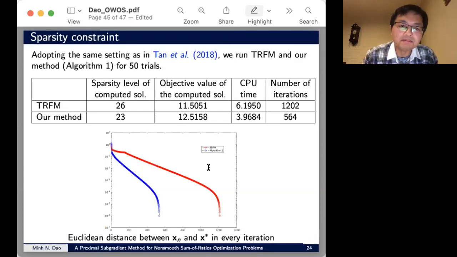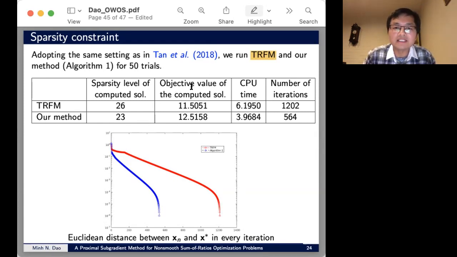So in our simulation, we adopt the same settings as in the work of Tan and his co-authors, and we run their methods and our methods for 50 trials. Here is the comparison between their methods and our methods.